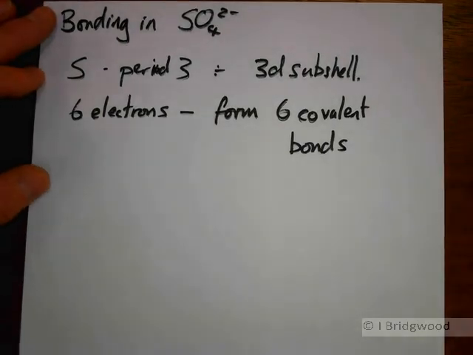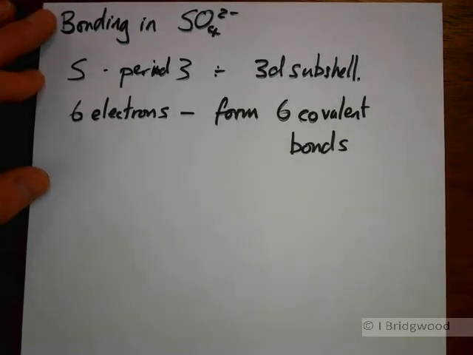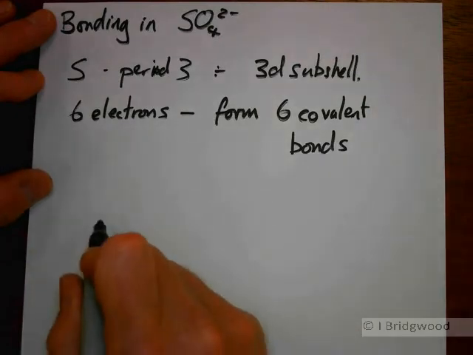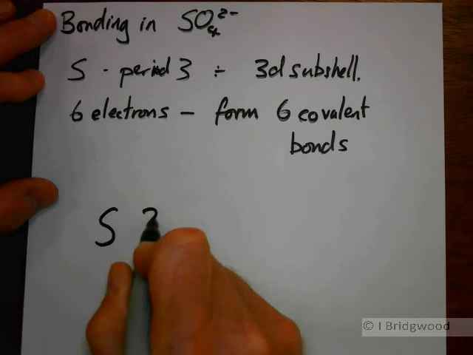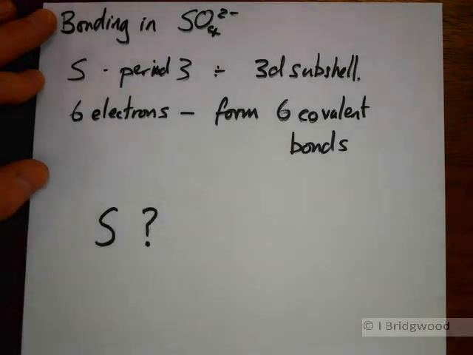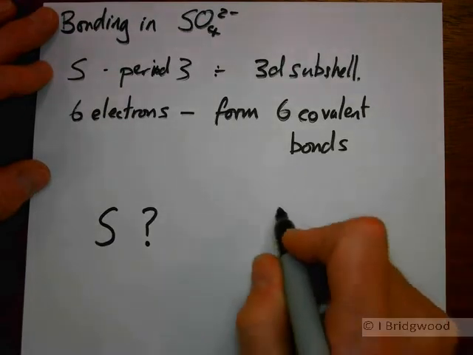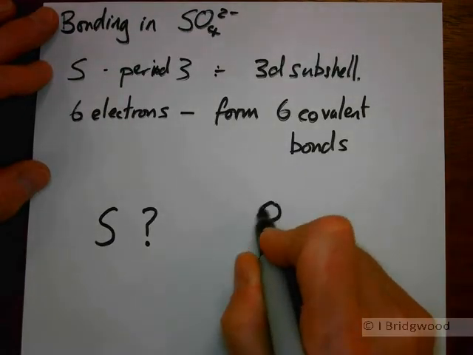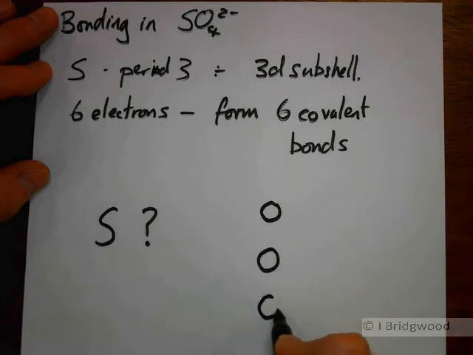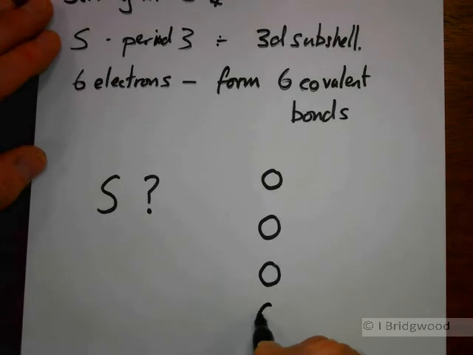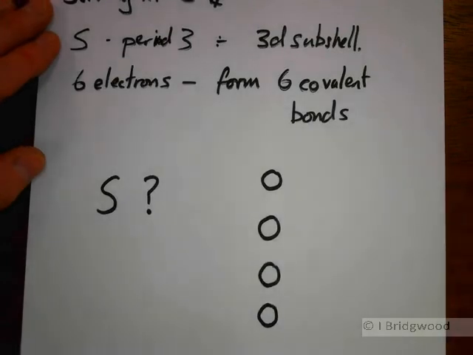So let's just consider what we have for sulfur for the sulfate ion SO4 2-. So sulfur is a bit of a mystery at the moment. All that we can do is say, well, how many bonds is that going to form? But we have also 4 oxygens, and we have essentially 4 oxygens attached each separately to that sulfur. So let's put those down there like that.